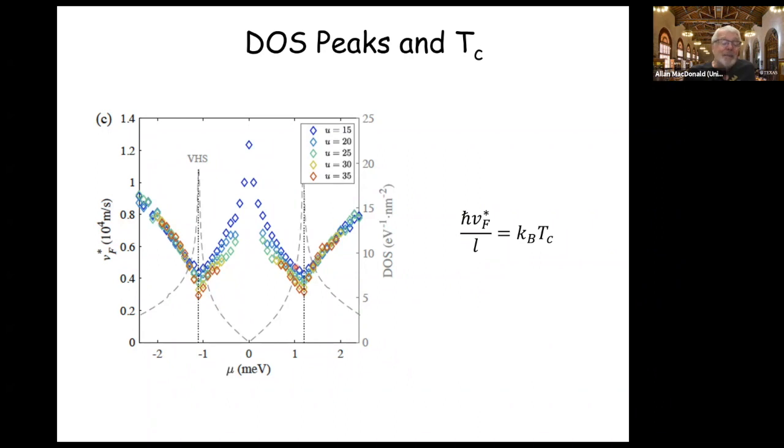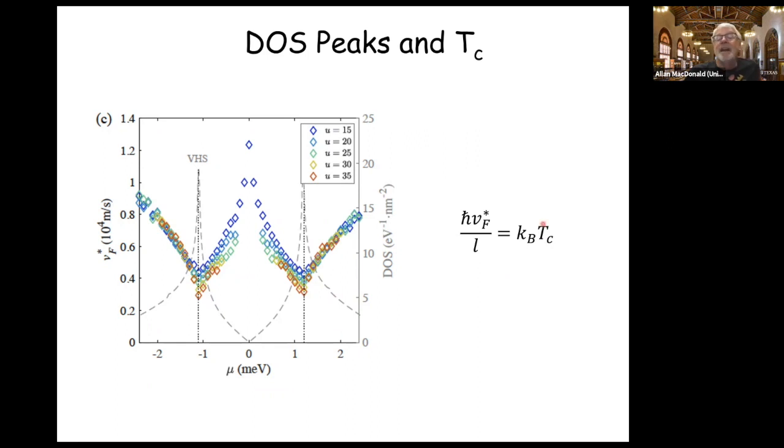We don't know exactly the band structure, as I said. Often we don't know, for example, where the Van Hove singularities are and how far away we are from them. But one way of measuring the typical velocity of electrons at the Fermi level is by combining, at least within mean field theory, the critical temperature and the perpendicular critical magnetic field.